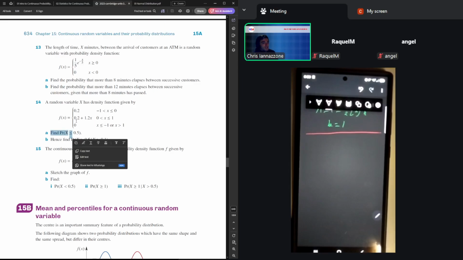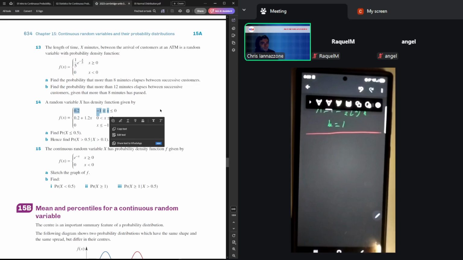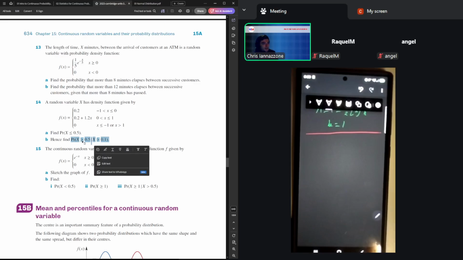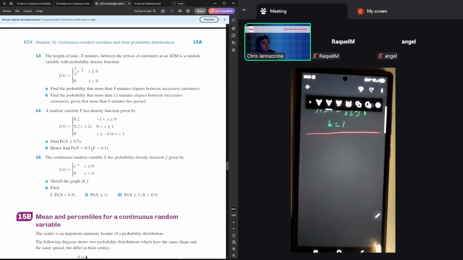So this one would be a definite integral of this from 0 to 0.5, and a definite integral of this from negative 1 to 0, adding them both up together. Conditional probability, again, just find the intersection of these two things, where they overlap, and then divide by this probability.